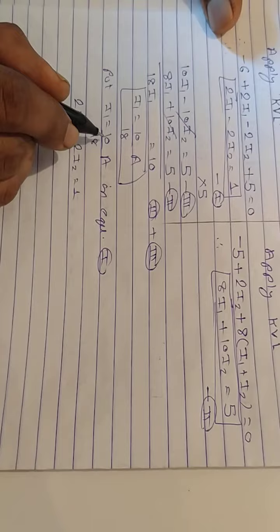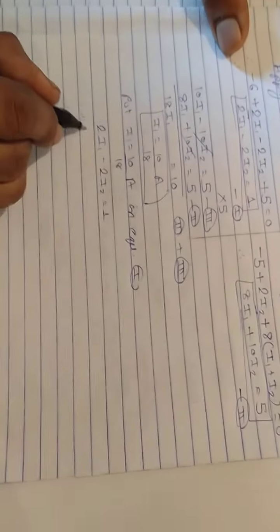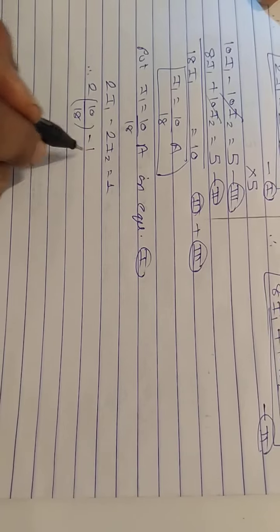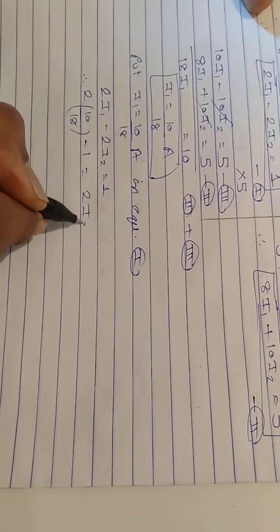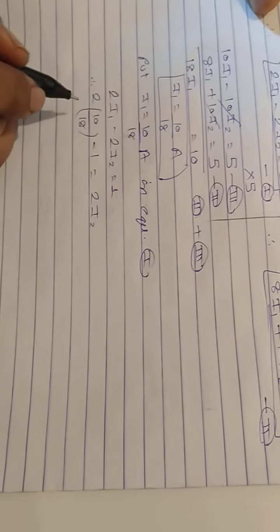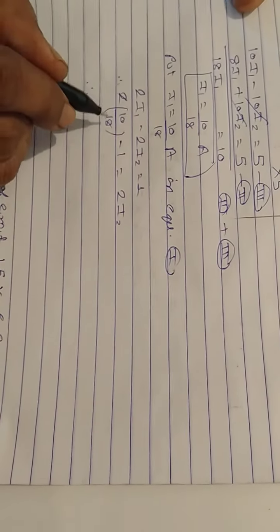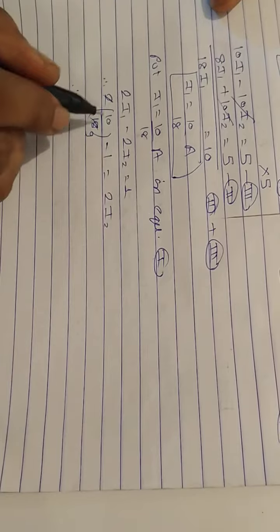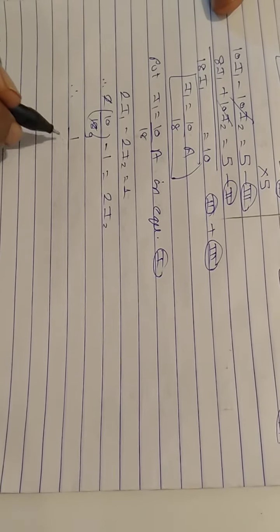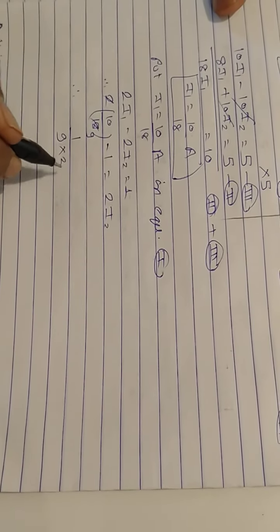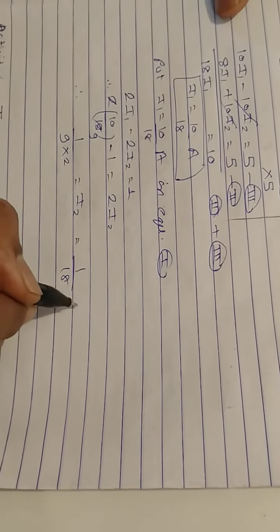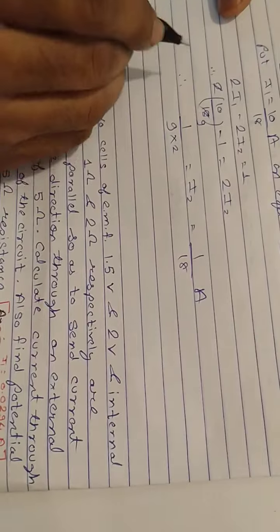If I put the value 10 by 18, then 2 times 10 by 18 minus 1 equals 2I2. Simplifying further, 2 ones are 2, 2 nines are 18, so 10 by 9 minus 1 gives 1 by 9. Shifting the 2, the value of I2 is 1 by 18 ampere.